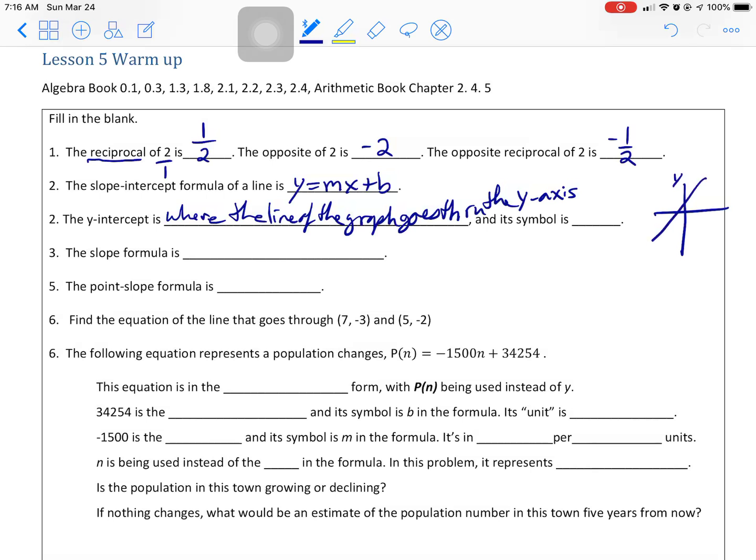That's where it goes through, with a symbol of b, and it's 0, b where it goes through. It's really important when you're graphing to find that first.